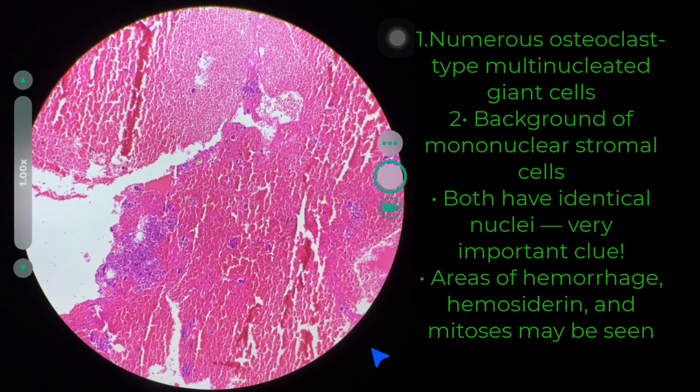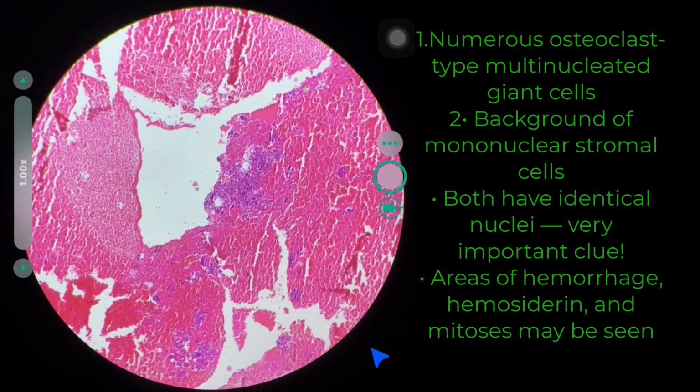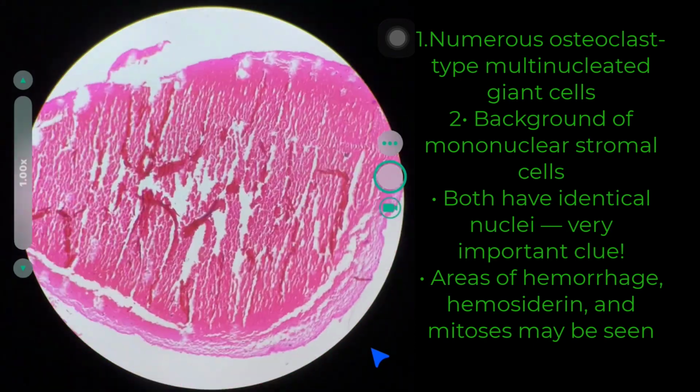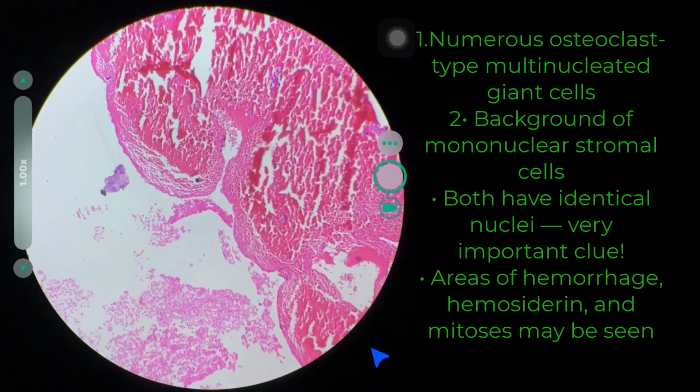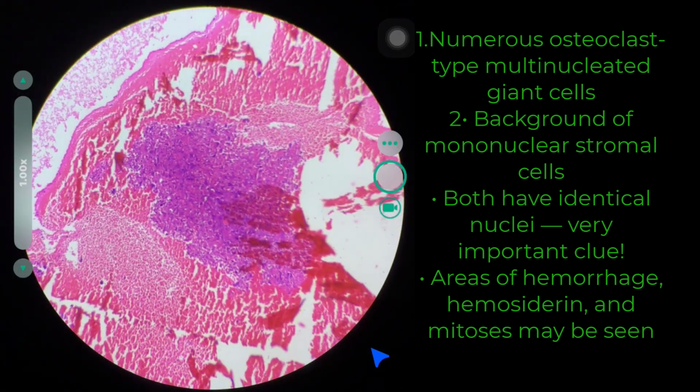In between you can identify tumor cells as well as giant cells distributed. So you can identify this easily in low power view.